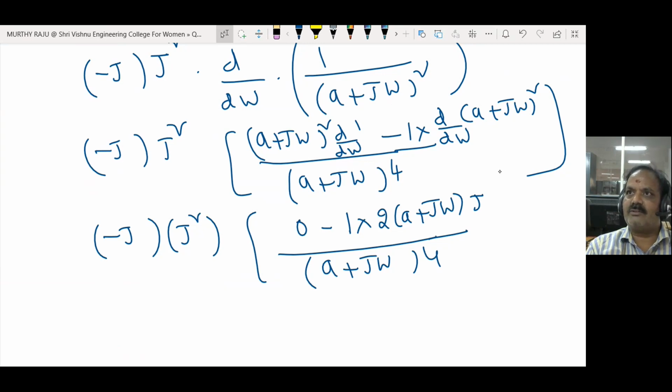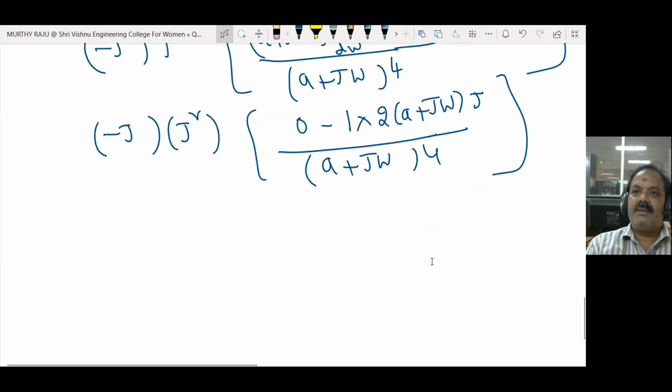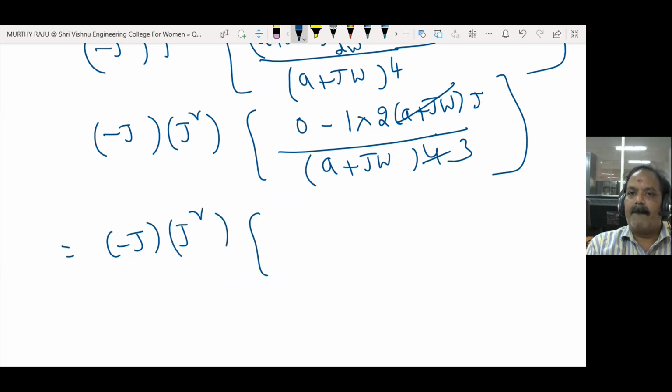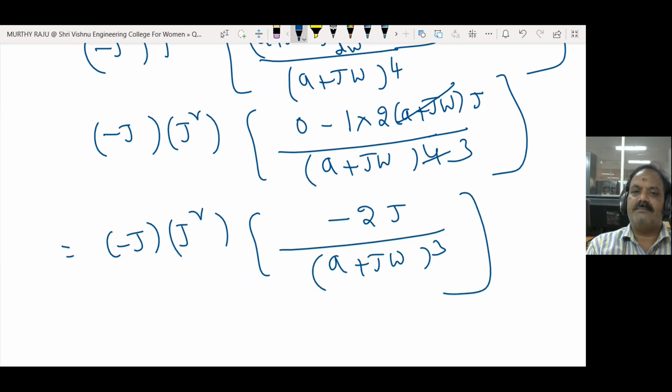The differentiation of x square is 2 into x, and again the differentiation of x is 1. Here d by d omega of a plus j omega is j. Here a plus j omega cancels, so that is 3 times minus j square over a plus j omega whole cube, minus 2j.